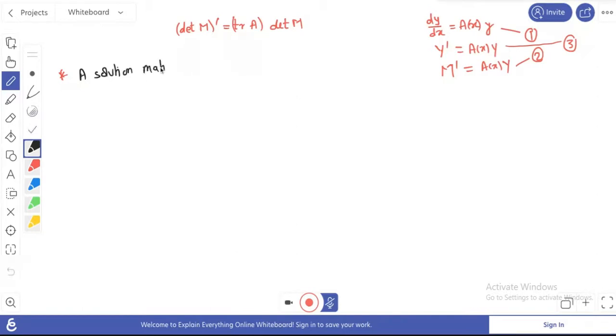matrix of, if we write this solution matrix, this is equation number three.